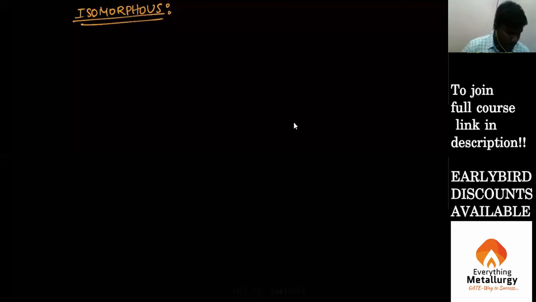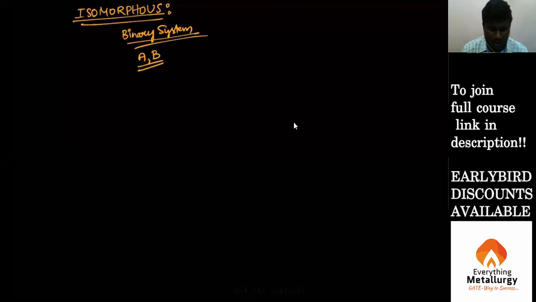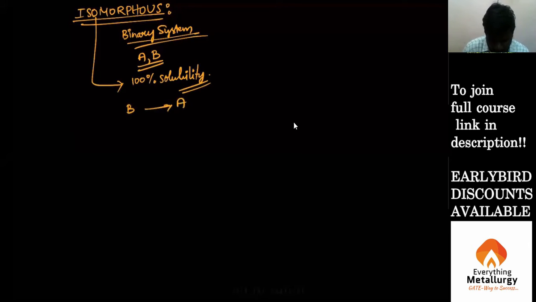It tells us about a binary system where, if I take A and B as my components, there is 100% solid solubility. That means B can go completely into A, and A can also dissolve completely into B. That's what solubility tells us.